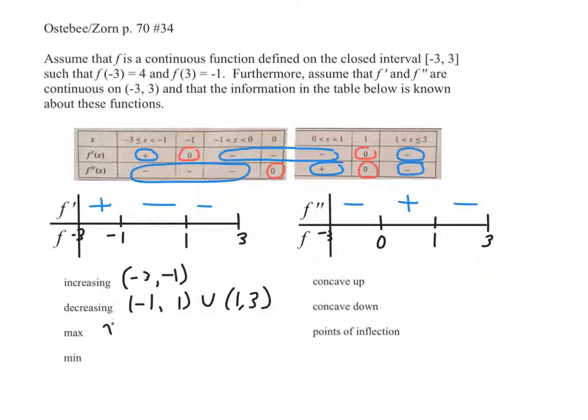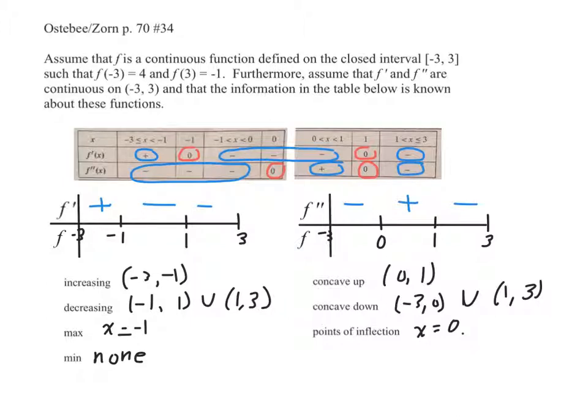There's a max at -1, but no min. Concave up occurs where there's a plus. Concave down is where there's negatives. And finally, there's 2 points of inflection, places where concavity changes, at 0 and at 1.